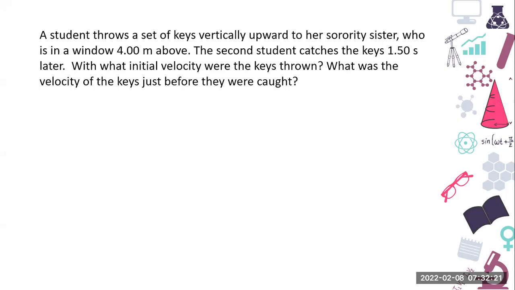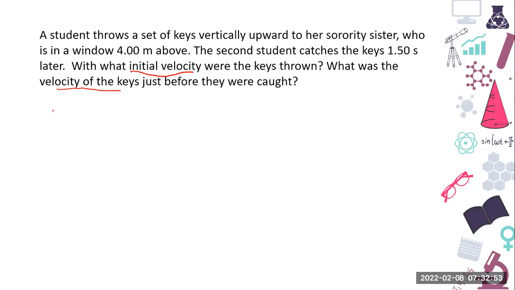The second student catches the keys 1.5 seconds later. With what initial velocity were the keys thrown, and what was the velocity of the keys just before they were caught? So we're looking for two quantities: the initial velocity when the keys were thrown and the velocity of the keys just before they were caught. Of course, just before they were caught, because once they're caught, they stop, and that velocity will become 0.